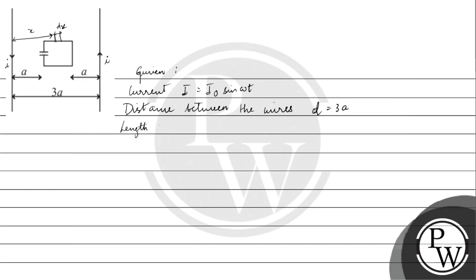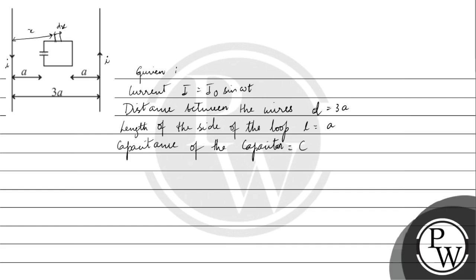Length of the side of the loop L is given to be a. Capacitance of the capacitor C, उसको C दिए हैं.